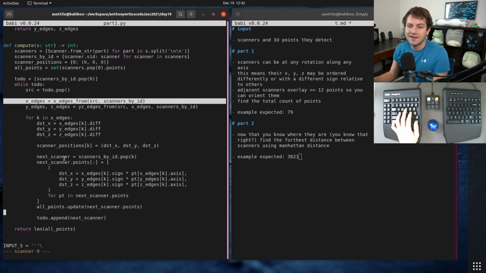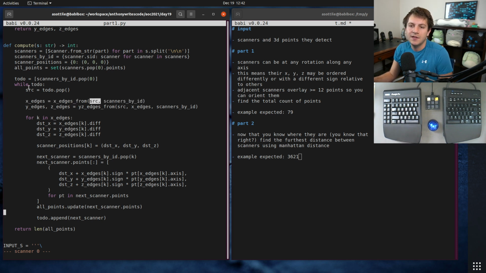So let's take a look at this x-edges-from function and how I was able to take the current scanner that we're looking at, as well as all of the other remaining scanners. I eliminate every scanner because I don't need to rescan the ones that I have already visited. So that's how I keep track of that here.